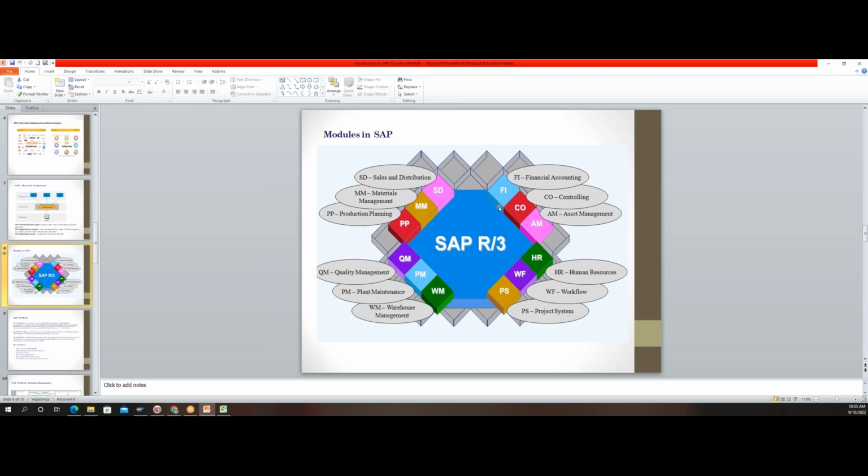So all of this process becomes easier when these modules are well integrated. That is the reason inside SAP we have these various modules which are well integrated with each other, and the data flows between these modules once the data is updated in each independent module. That is the benefit of having SAP in place.